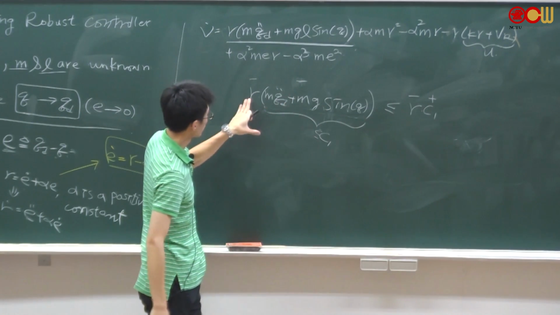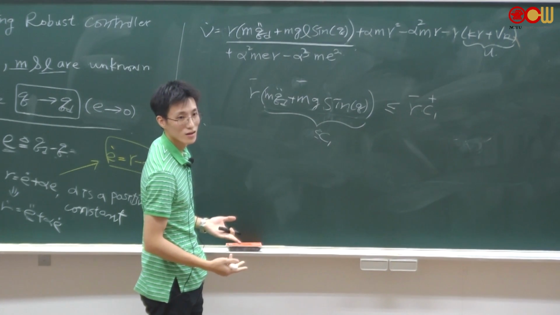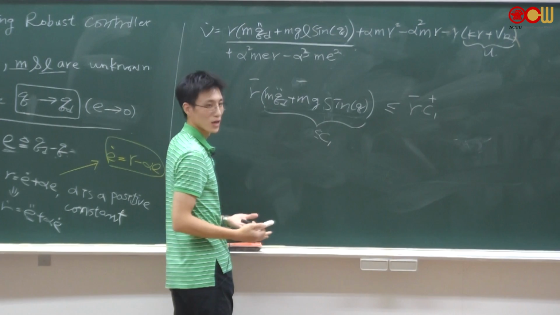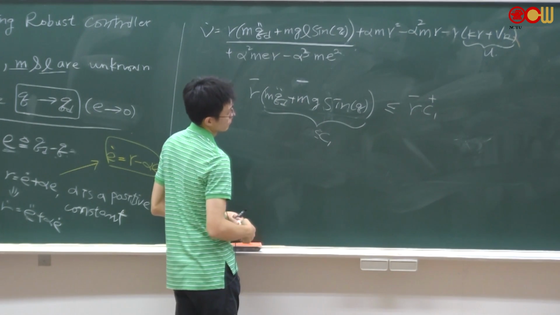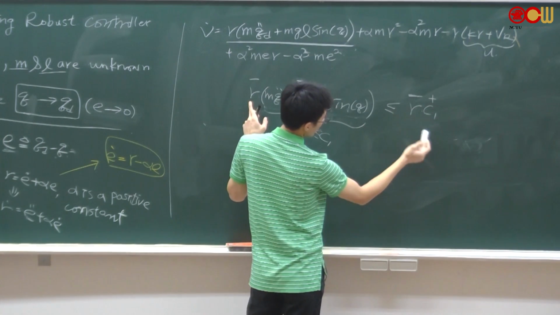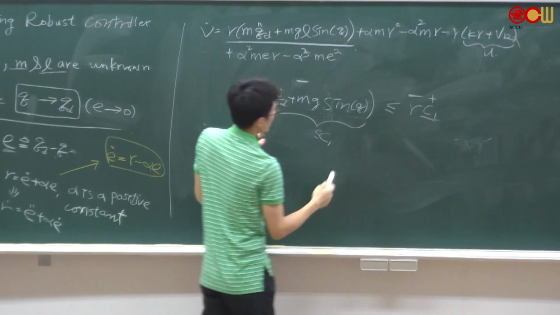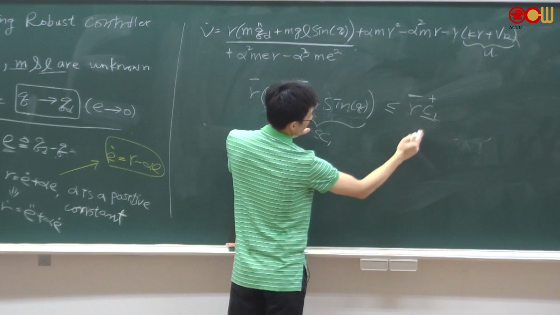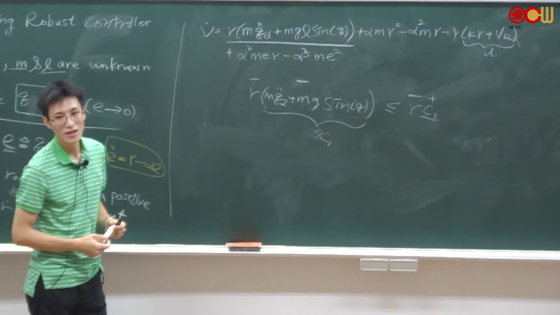But the product of this will change the sign. If R is the state, you cannot control the state. If R is negative and you upper bound a negative term by C1, it is correct term by term, but the product will be a different story.